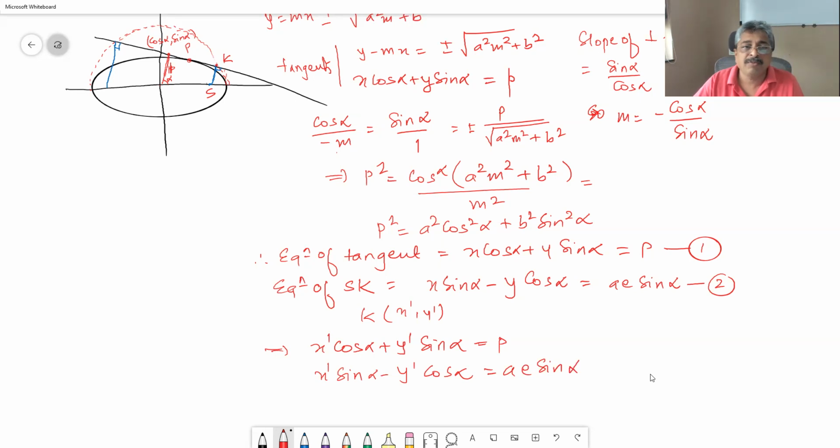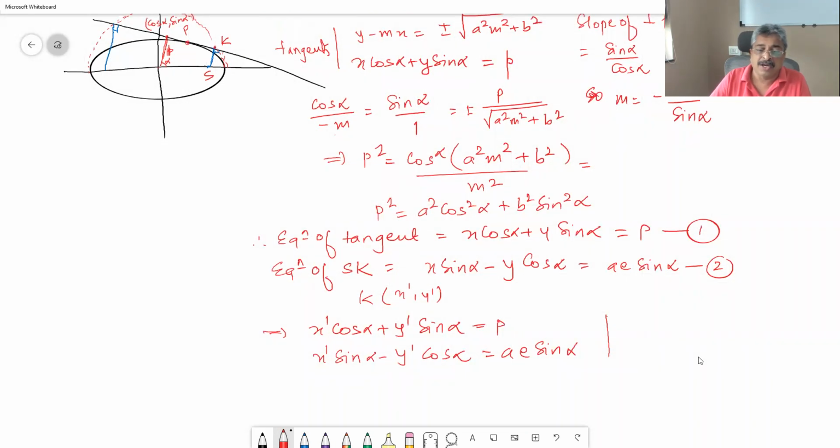Now I would like to bring to your notice that if we eliminate alpha from these, we will get a relationship between x dash and y dash. To eliminate alpha, the trick which we used in the Brahmagupta formula applies. The LHS looks like the Brahmagupta formula, only with a minus sign in between, otherwise the terms are exactly the same. Therefore, to eliminate alpha, square and add.